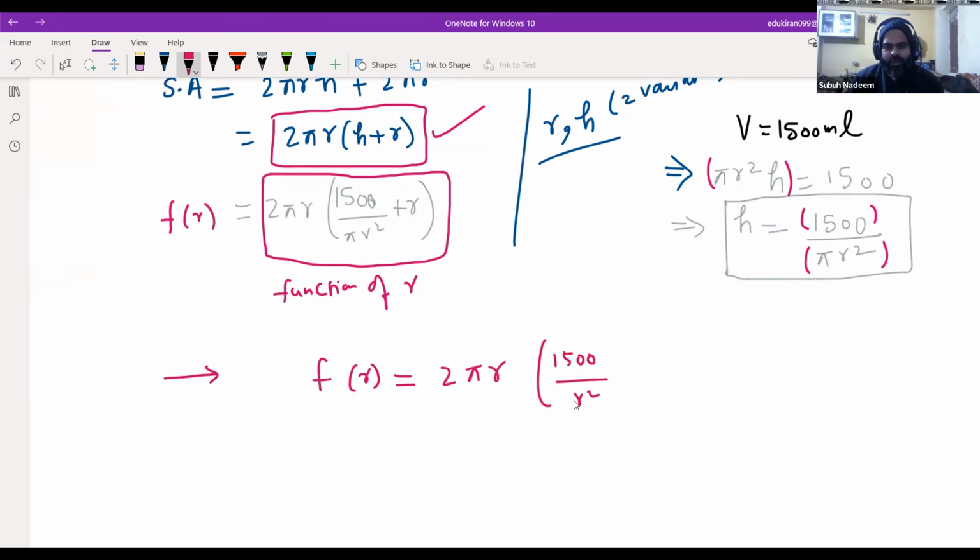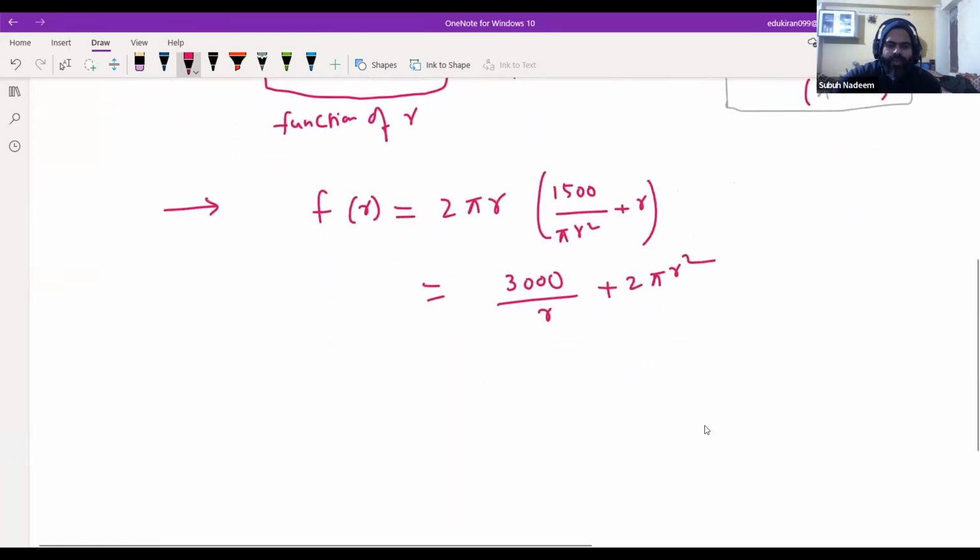2 pi R into 1500 by pi R square plus 2 pi R square. You can open the bracket and you can write it as 3000. Pi cancels, 1 by R will remain, plus 2 pi R square. This is how you can write it. Now, in order to find the critical point, you will differentiate it. When you differentiate it, it will be minus 3000 by R square. You remember the differentiation of this?